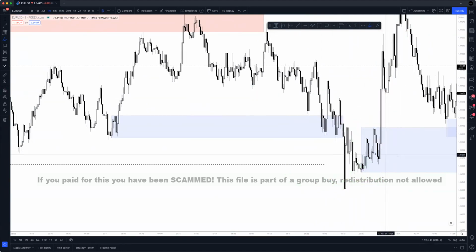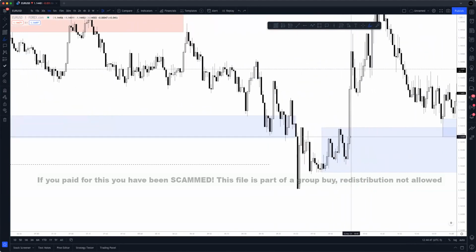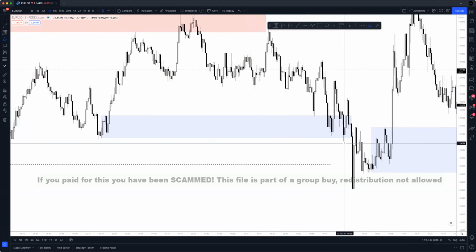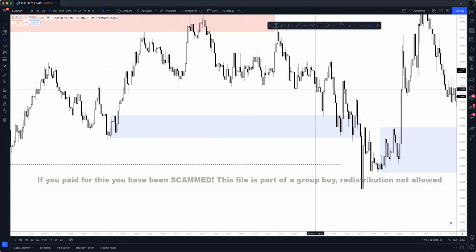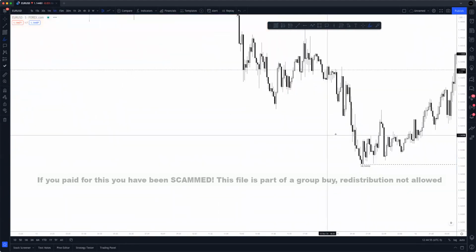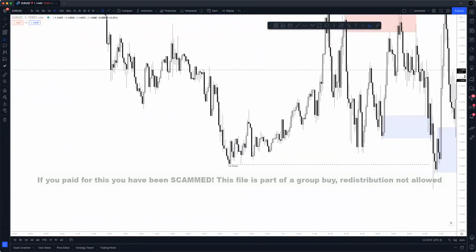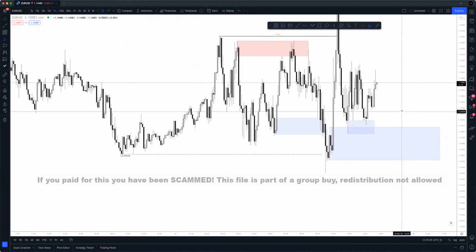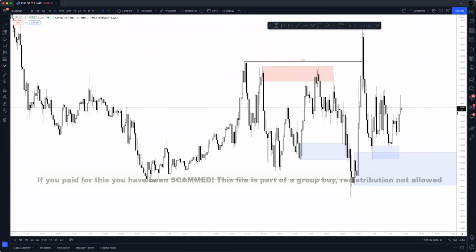Right. At what point do you change your bias as far as something being strong or weak? If you zoom out this chart, 5 minute, right here was our strong high, and this was weak.